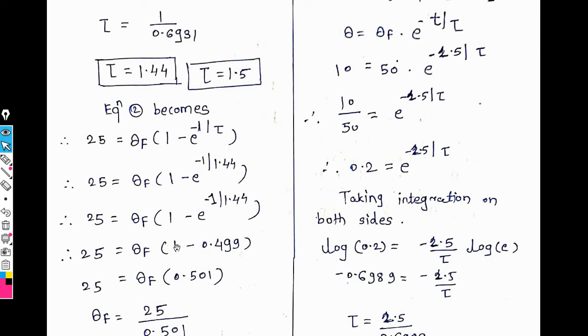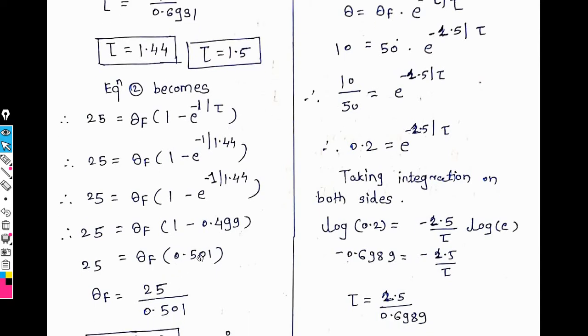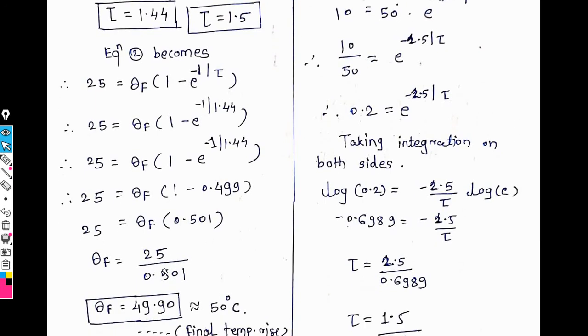Then taking the difference, 25 is equal to theta f into bracket 0.501. Then the final temperature with respect to the heating time constant is theta f is equal to 25 upon 0.501, that is this value shifts to the left hand side.